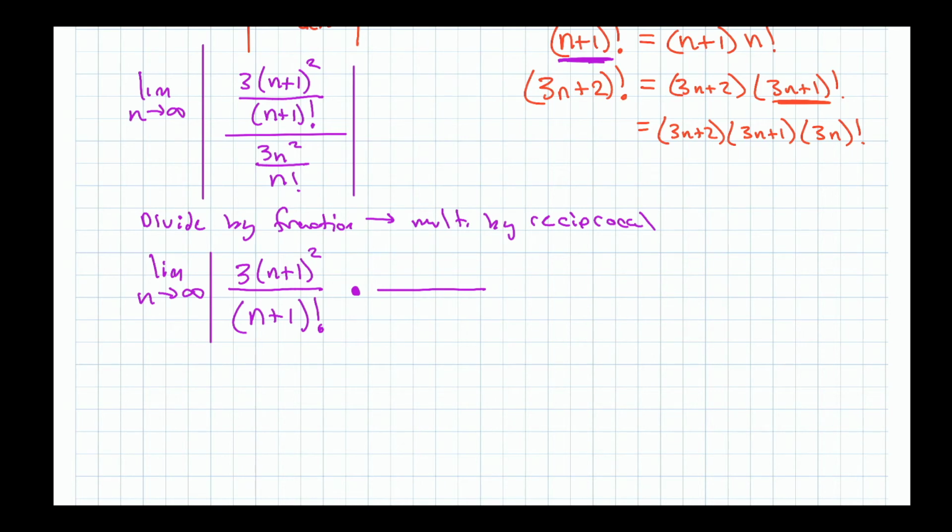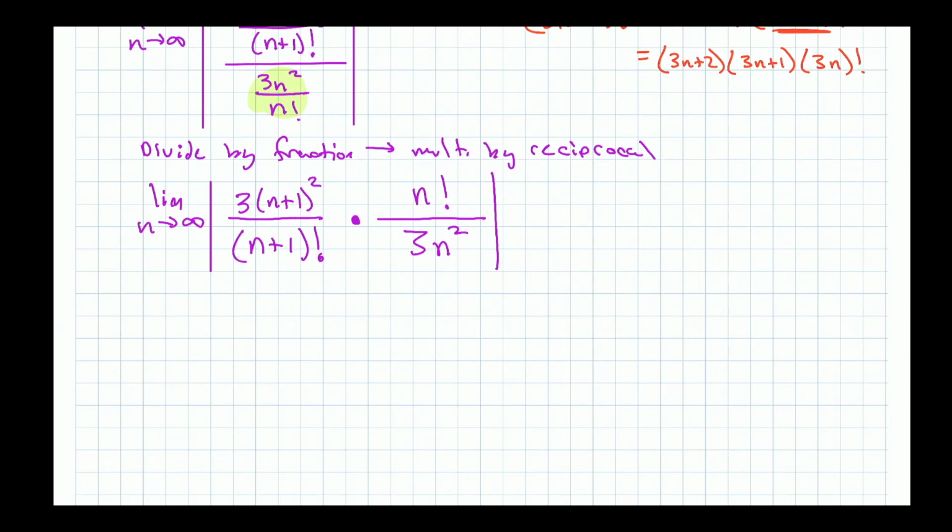So you flip it and have n factorial over 3n squared. Okay, so this is what you get.